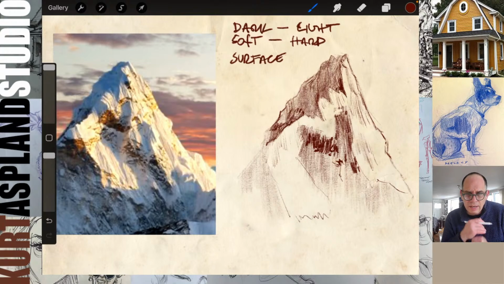John says, in this case, I also like to think about how the snow might slide down the face. Yes. Noticing what dark sections are. Yes, that's good. I like that. That is a good point.